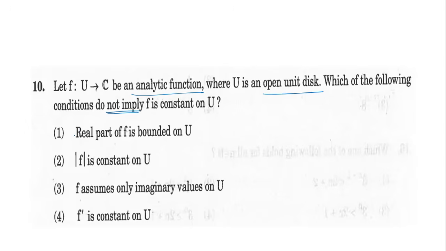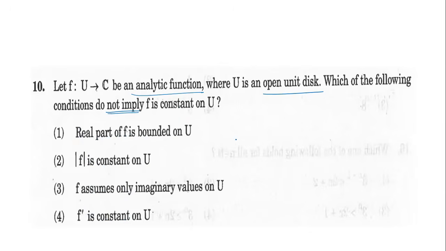Options are, first one, real part of f is bounded on u. Modulus of f is constant on u. f assumes only imaginary values on u. f dash is constant on u.